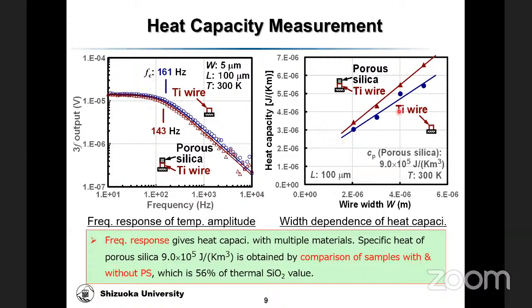And by comparing the slope of both cases with and without porous silica, we can extract the specific heat of porous silica of 9 times 10 to the 5th joule per Kelvin cubic meter. And this value is 56% of the thermally oxidized silicon dioxide. Again, this is probably due to the porosity of porous silica.